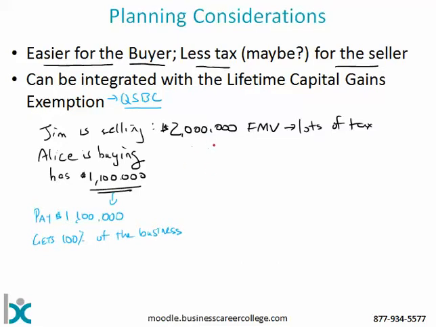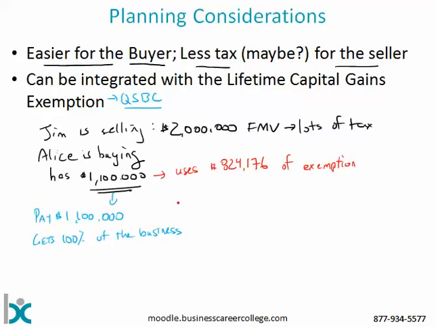What happens this year, very simple here, Jim has just $1.1 million of proceeds for this year. He says that's fine, and he uses his lifetime capital gains exemption, which, it's 2016 as I go through this, is currently $824,176.